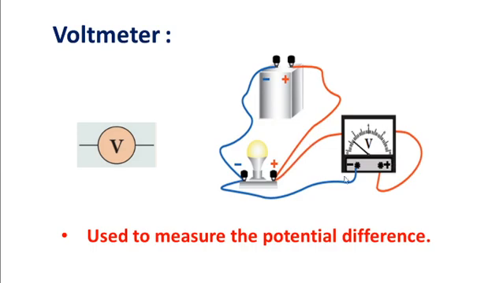You see, positive to positive, then negative to negative. It is a parallel connection. Suppose we want to measure the potential difference across a light bulb. So for the potential difference across the bulb, we connect the voltmeter in parallel. So what is the use of voltmeter? It is used to measure the potential difference.